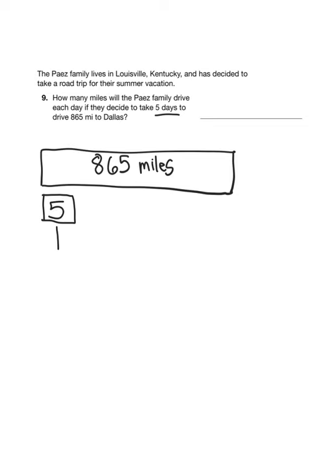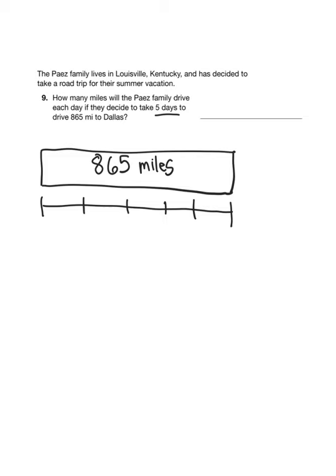So really, I would draw this tape diagram a little differently. Tell me if this makes sense to you. Since they're going to take 5 days to do the whole drive, I would actually divide the miles up into 5 sections.